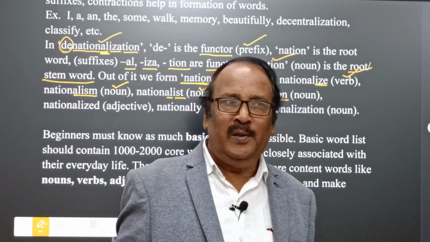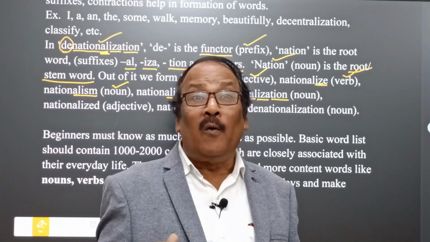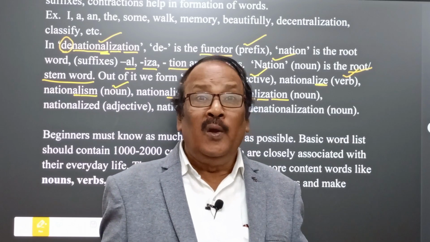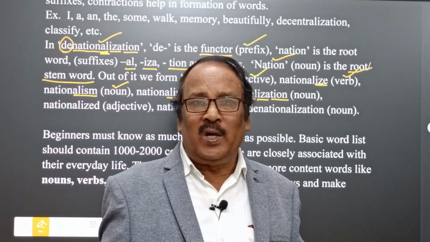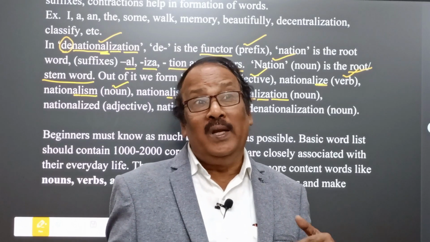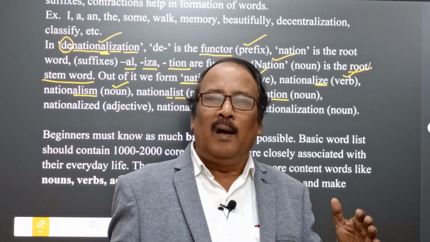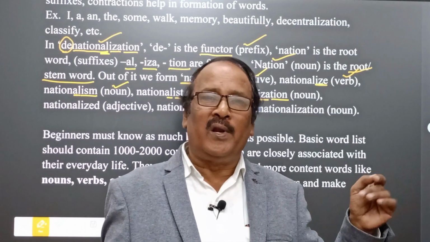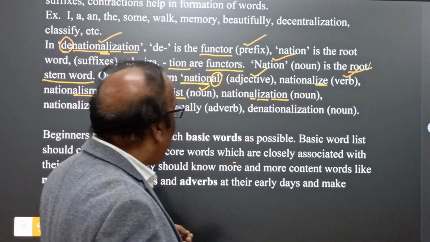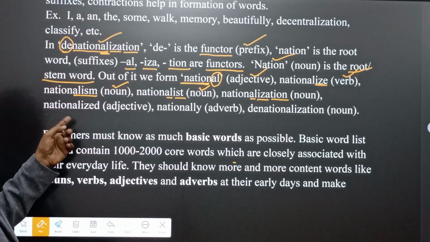This is a very important factor: before independence we felt the importance of nationalization, and therefore we decided to remove the foreigners, the Britishers, from our soil. This is nationalization, also a noun.